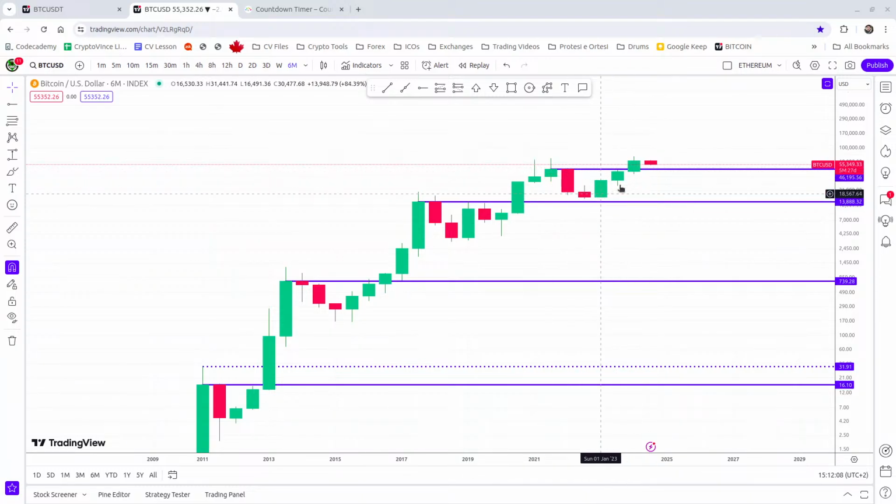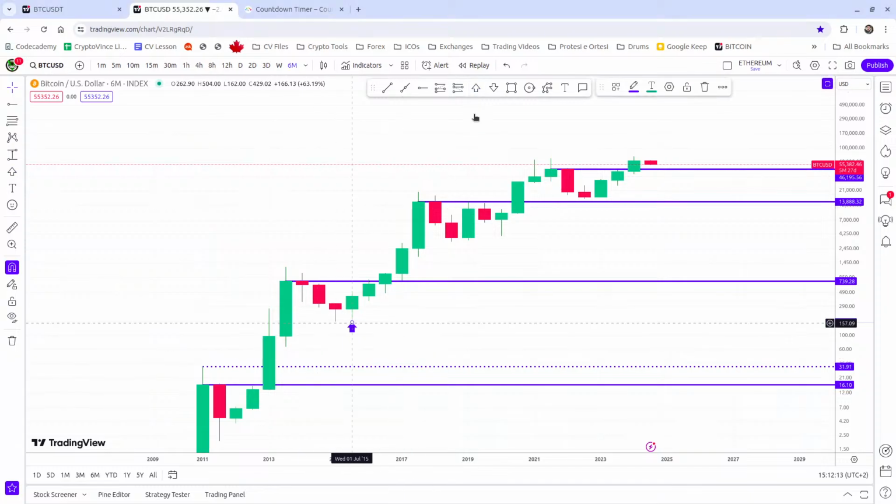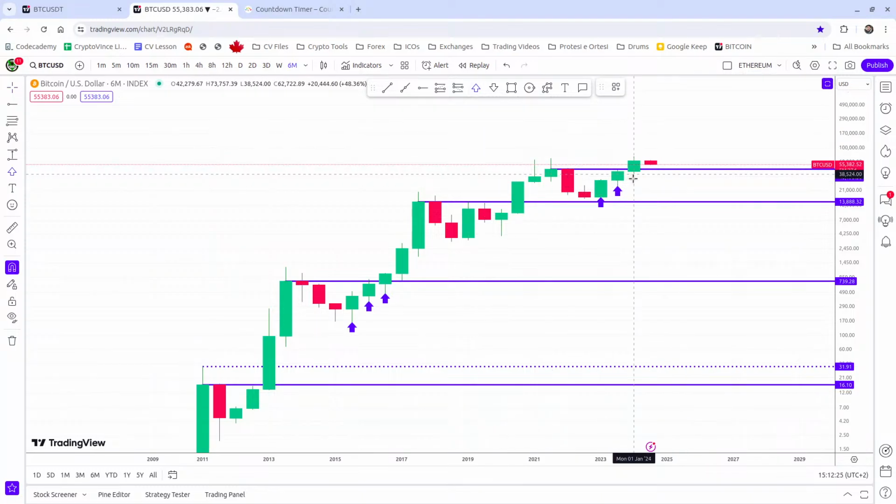We have three green candles, as we have here: 1, 2, and 3, and the third one is breaking the monthly candle close of the swing high.